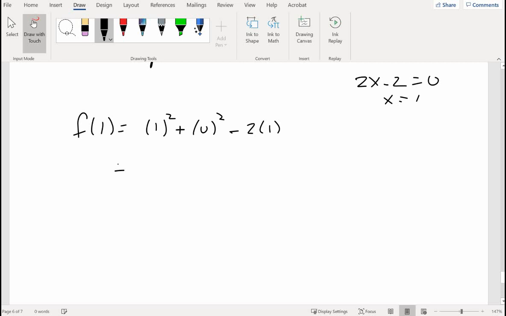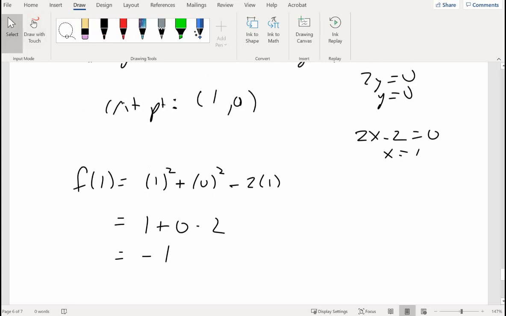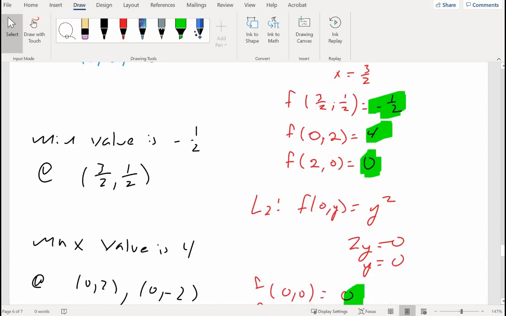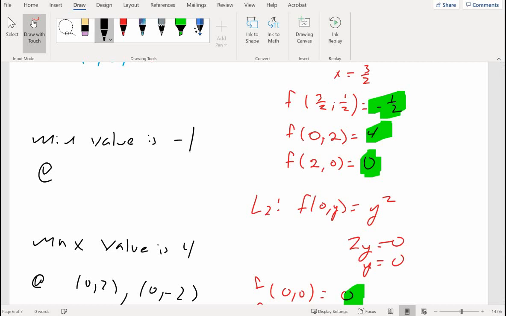I make lots of simple mistakes, so I always like to be real careful about signs. So that's negative 1. That's the minimum then, because that was definitely less than negative 1/2. So I need to go back up here and fix this. My minimum value is negative 1, and that occurred at the point (1, 0).